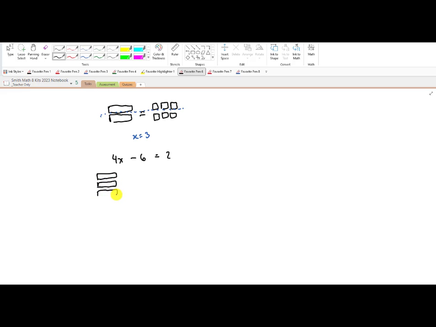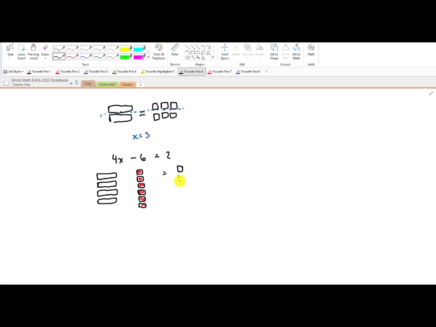So there's my 4x. And my negative 6. So I have to draw 6 squares, but I have to call them red because all my negatives will be red, so I'll color those. Okay, that's equal to 2 squares.